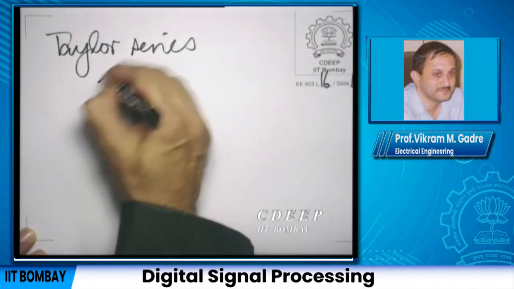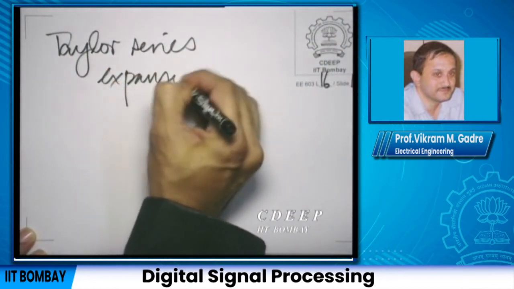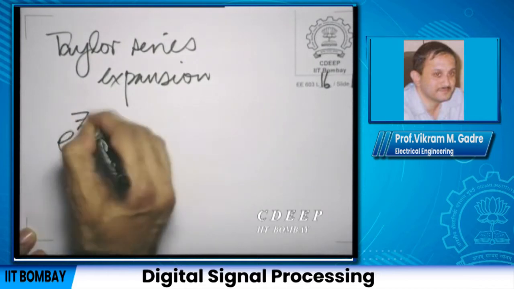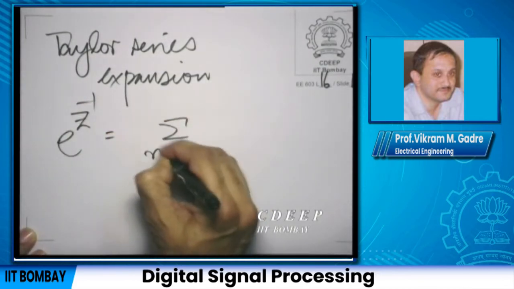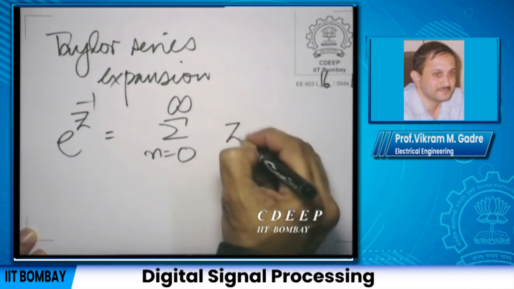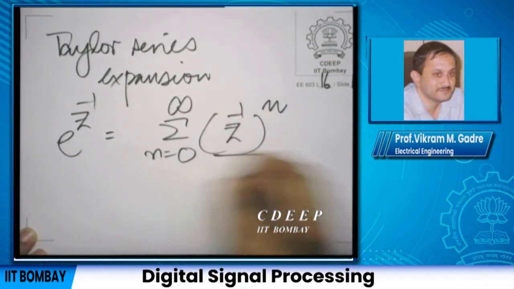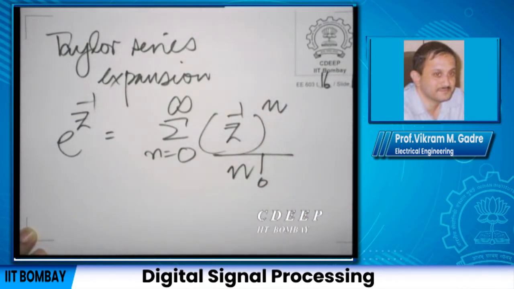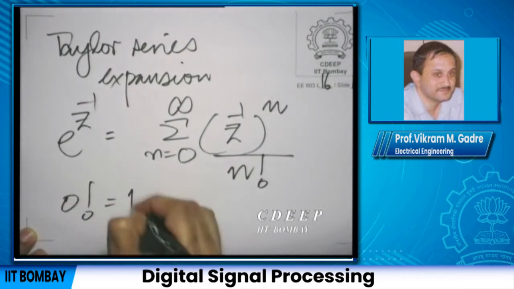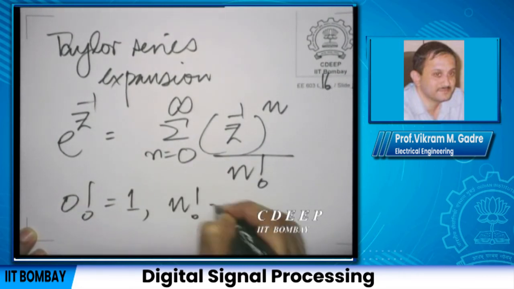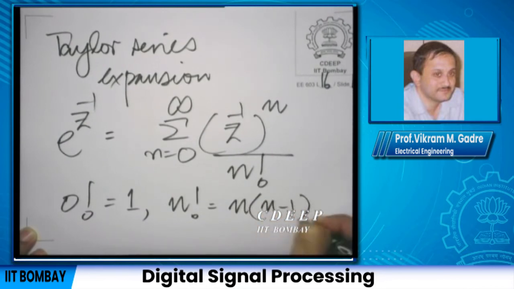So, the Taylor series expansion of e raised to the power z inverse is essentially summation n going from 0 to infinity z inverse raised to the power of n divided by n factorial, with 0 factorial defined as 1 and n factorial defined as n into n minus 1 factorial. This is well known. This is essentially the Taylor series expansion of e raised to the power of x.